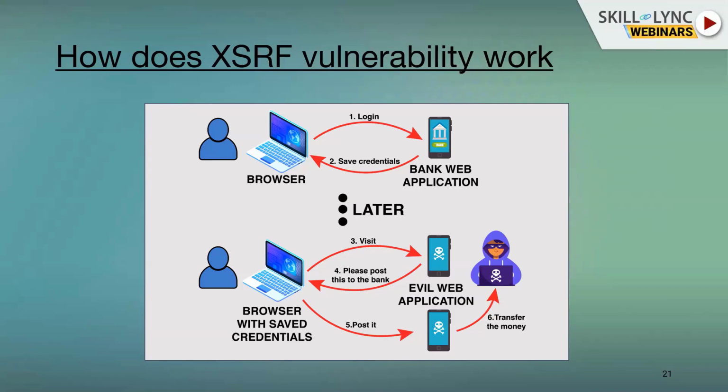So once the hacker has sufficient information, he uses these credentials, sends out multiple requests to the bank's API, and asks the bank to transfer money into a respective account on behalf of the user. Ultimately the user would not know what is happening, but the hacker has taken control of all that from behind.